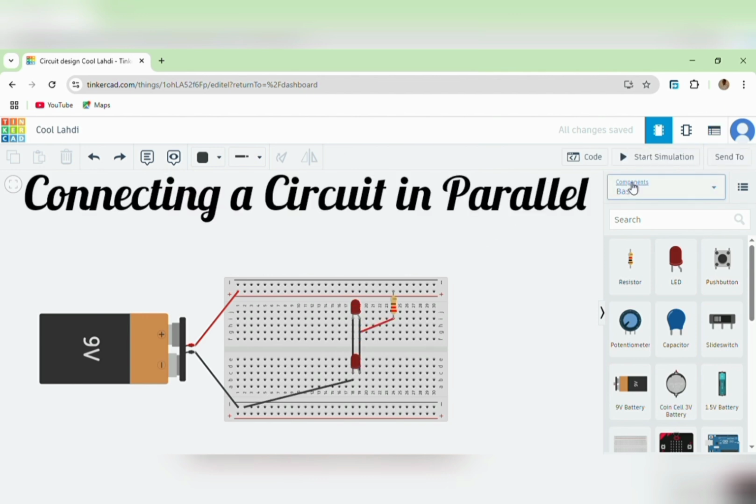That's series connection. Alright, now let's see parallel connection. In the parallel circuit, each LED has its own path to the power source, which is the 9-volt battery.